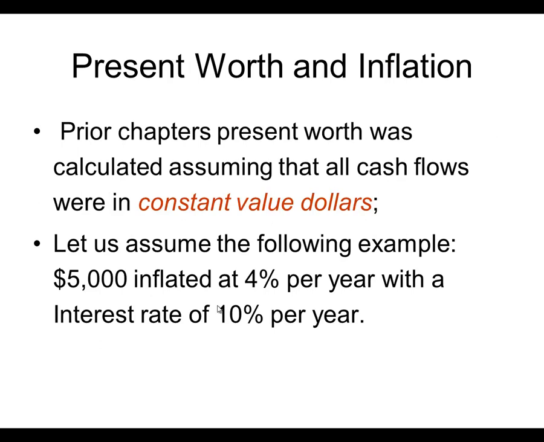In previous examples, calculating the present worth was done by assuming that all cash flows were in constant value dollars. How could it be done if we would like to consider both inflation and interest? For example, if we have $5,000 inflated at 4% per year with an interest rate of 10% per year, so we have inflation and we have time value of money.